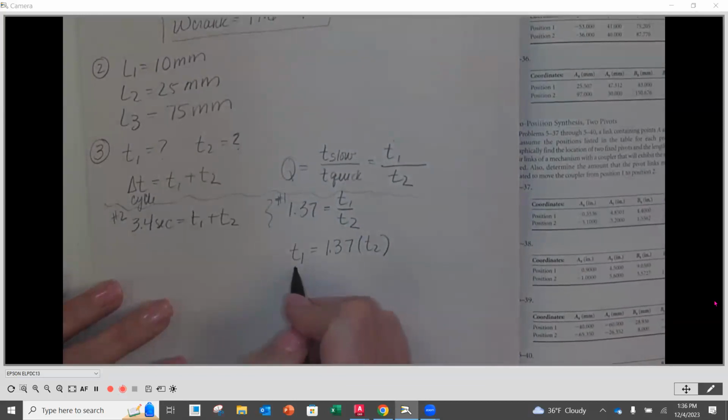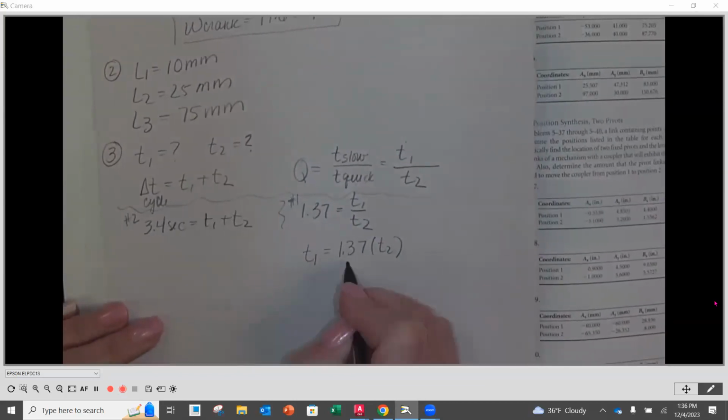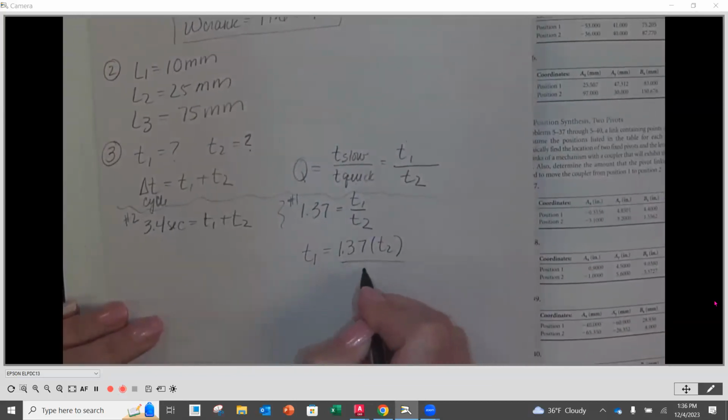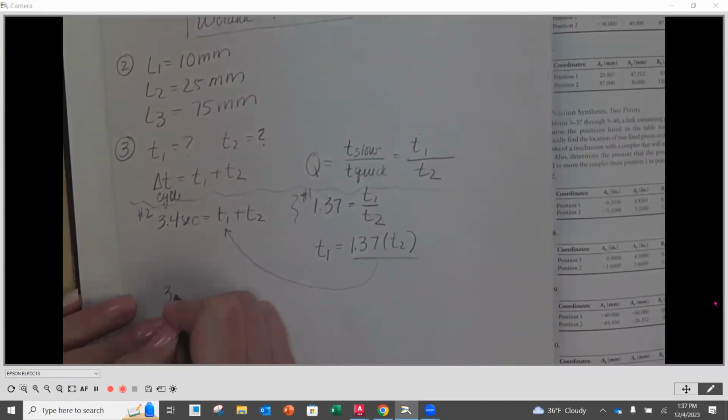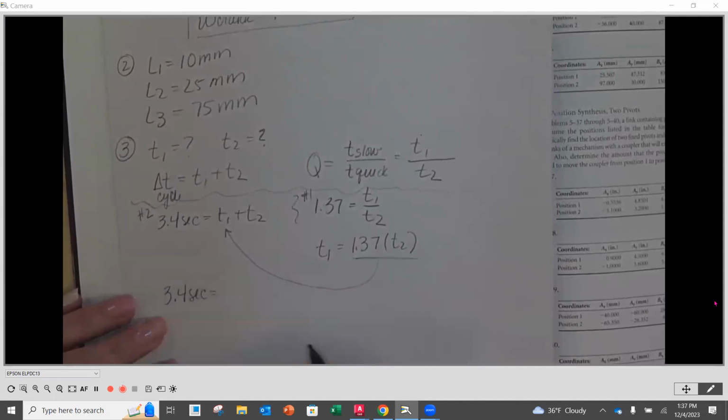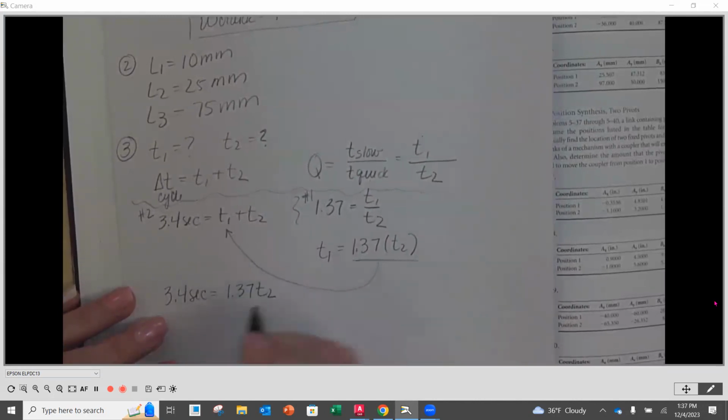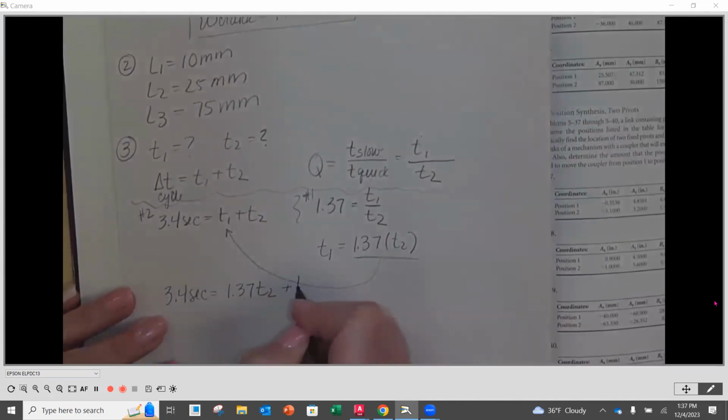And then once I have that, I can take my T1, this part right here, and I can substitute it up into the other equation, equation number 2. So I can say 3.4 seconds is going to be equal to, instead of showing T1, I'm going to say 1.37 T2 plus T2.